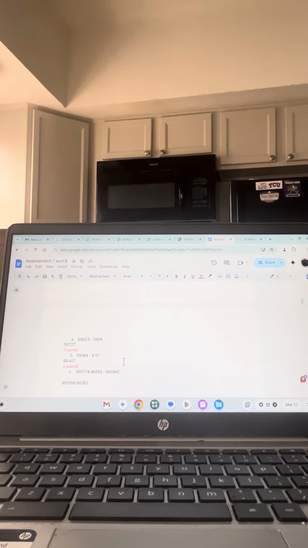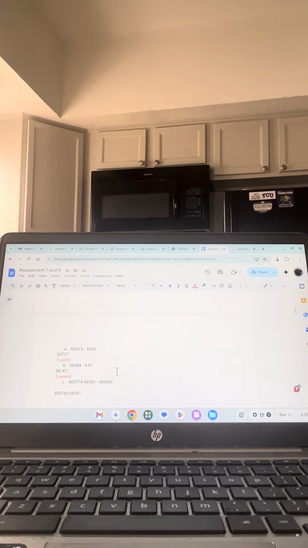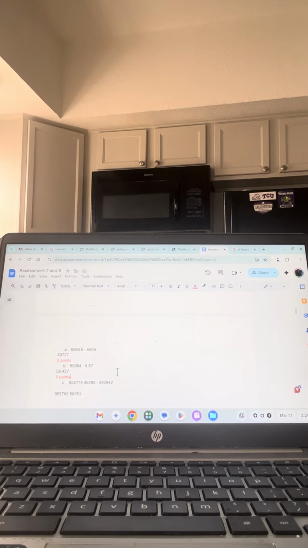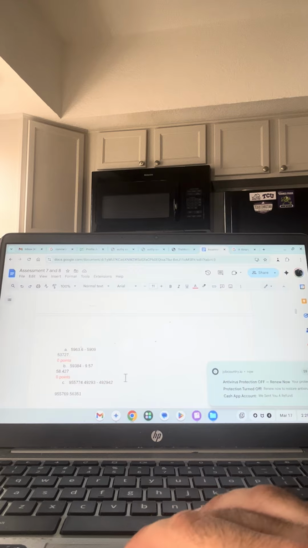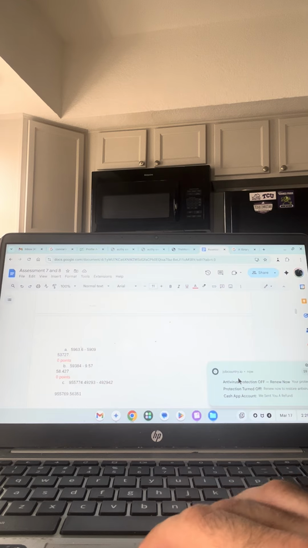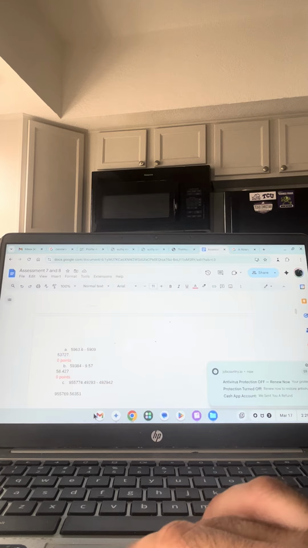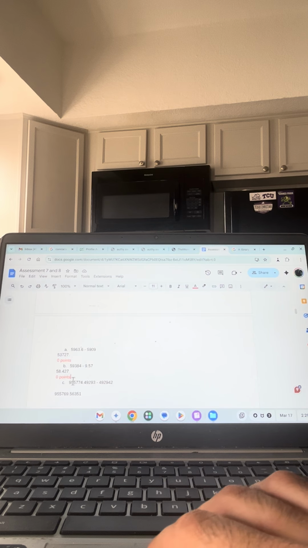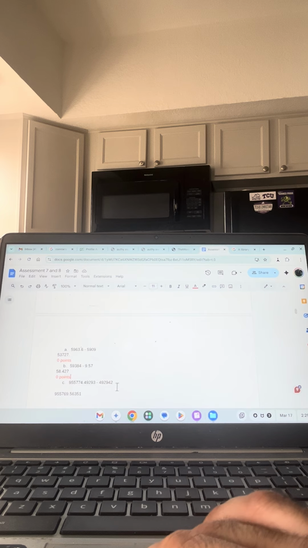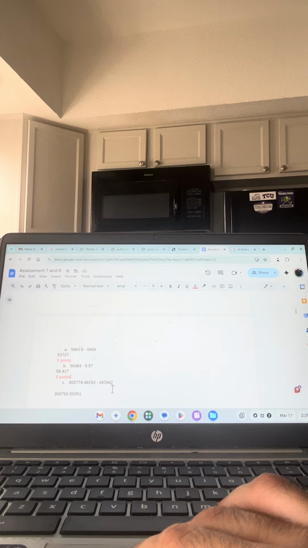Now let's go on to part C. This says 955,774.49293 minus this number. Let's just check to see if it's correct. I can already see in my head it's incorrect because I'm imagining there's a decimal point to the right.